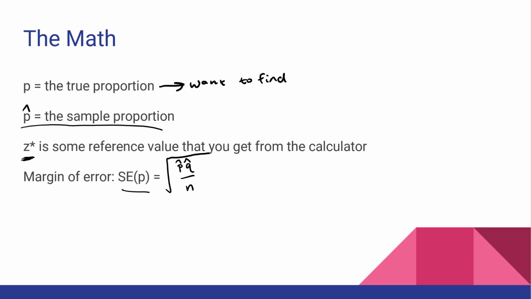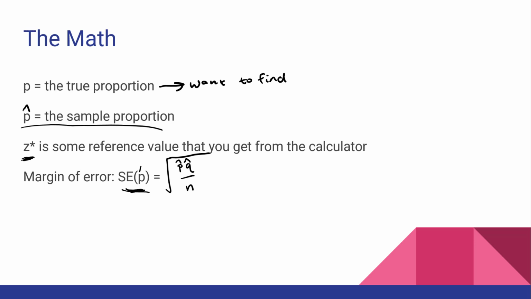So your Z critical is a sort of reference value that you will always get from the calculator. It's a special number that changes based on how confident you are. So if you have increased confidence, then your Z critical will increase. If you're less confident, then your Z critical will decrease. And then you have a standard error.